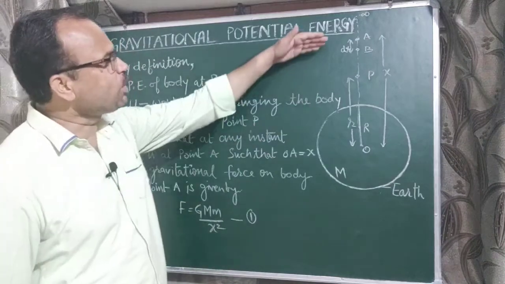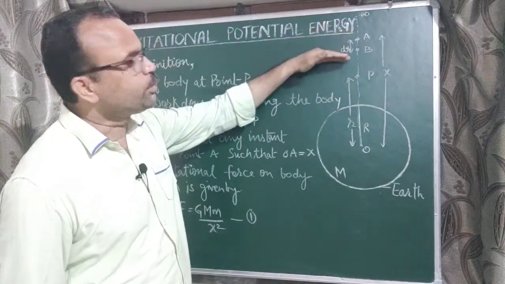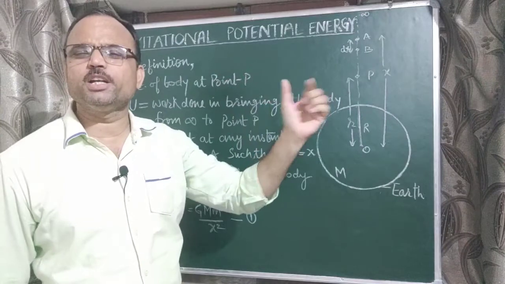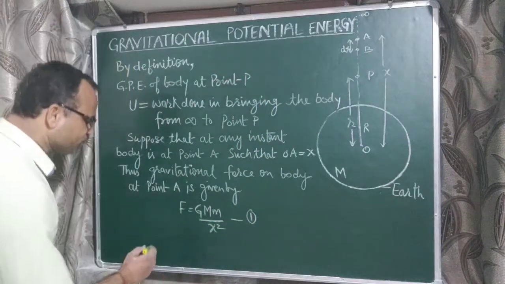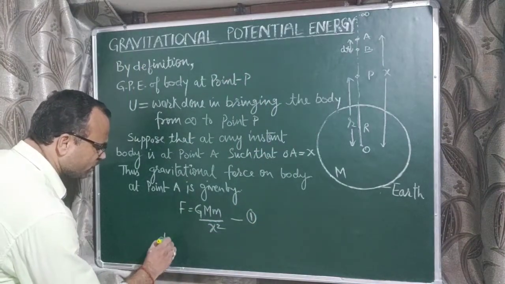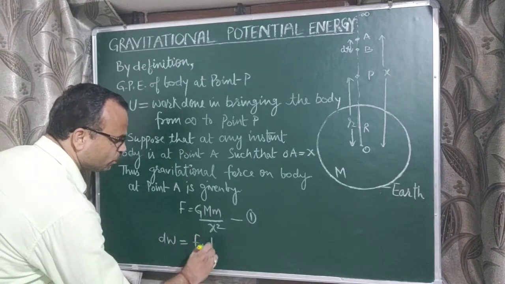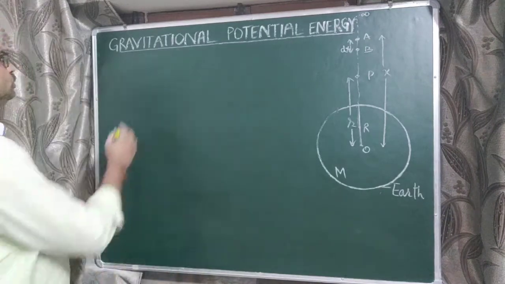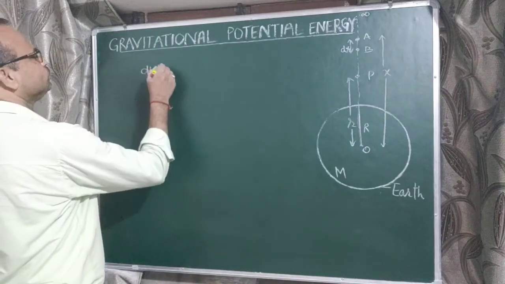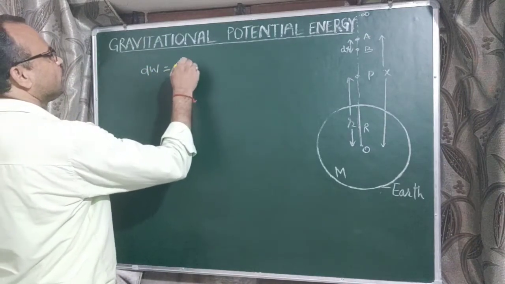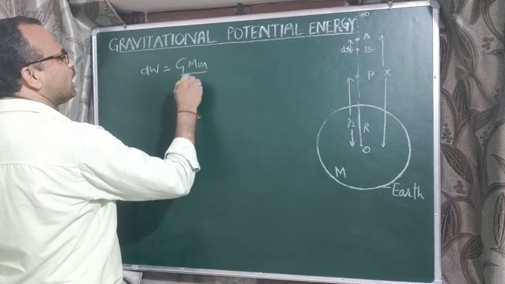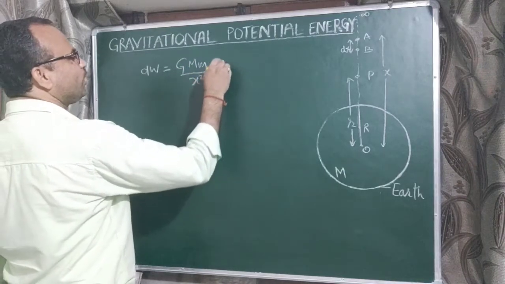Now displace the body from A to B through a very small displacement, then a small amount of work done is given by dW equal to F into dx. So dW equal to GMm upon x square into dx.